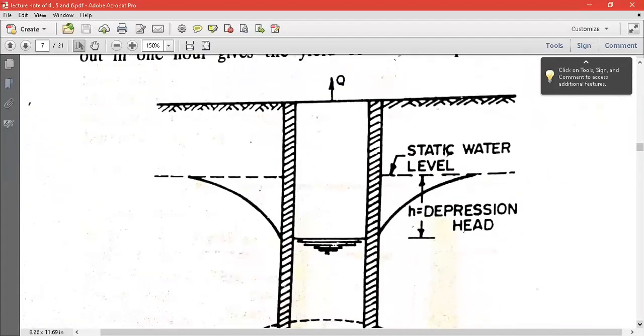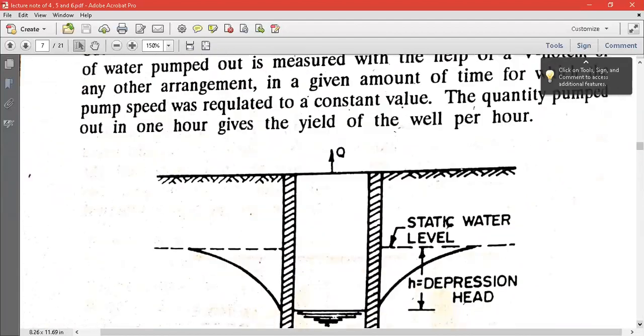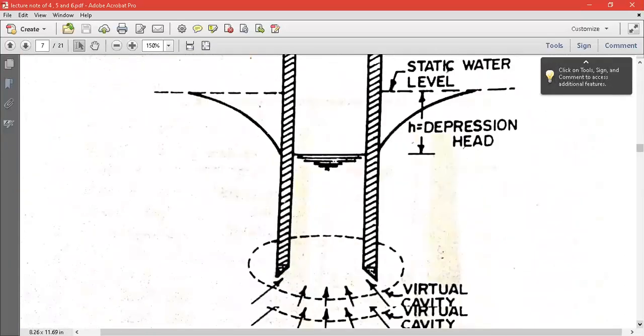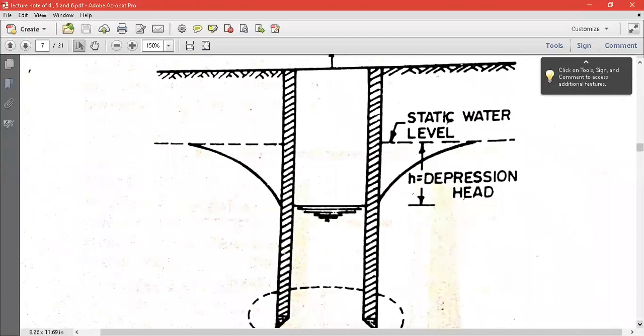Now, what is the concept of the constant level pumping test? First of all, some H, that is the depression head, is maintained by pumping out, and after that water percolates into the ground, that is, enters into the well.